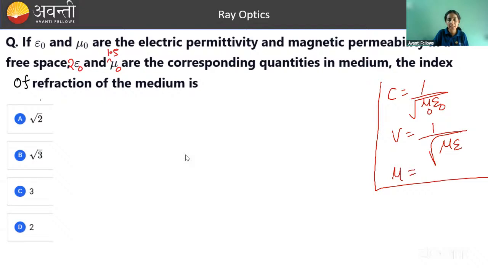Refractive index of a media is defined as the speed of light in vacuum divided by the speed of light in the media. Like this. So use the formula and let me know what answers you get.